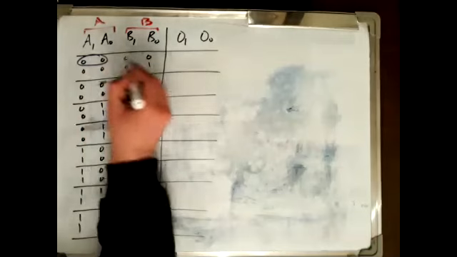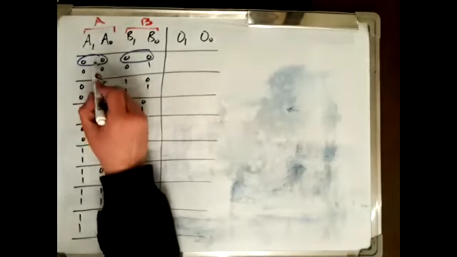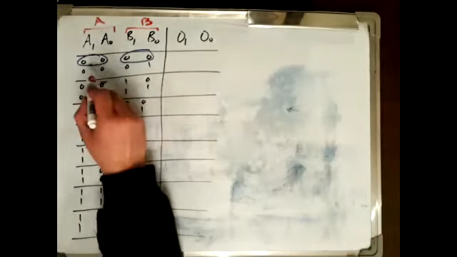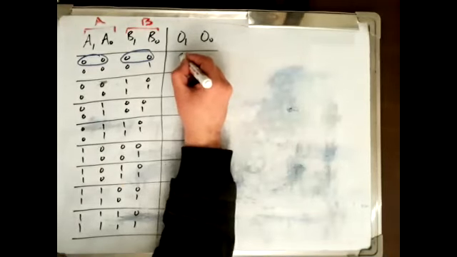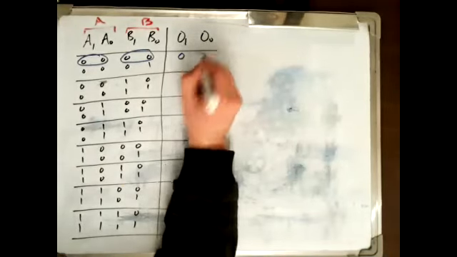Here we compare, this is A and this is B. What is the relation between A and B? They are equal and they are even because they are zeros. So the output will be, if you go back to the equation, 0, 0.